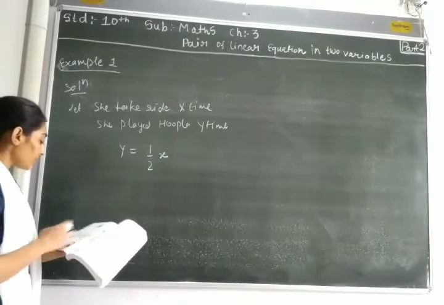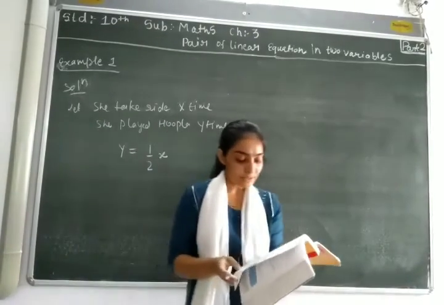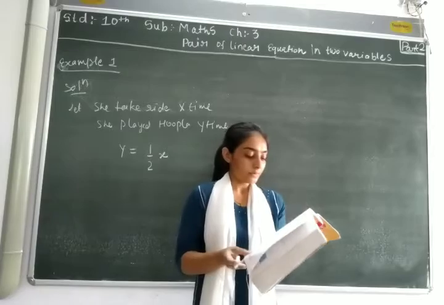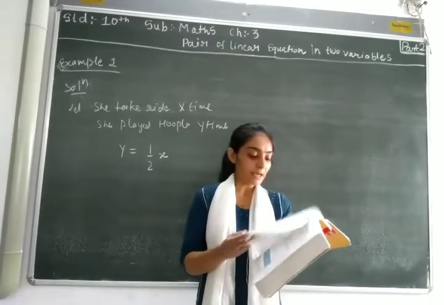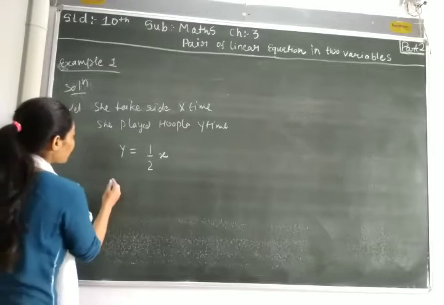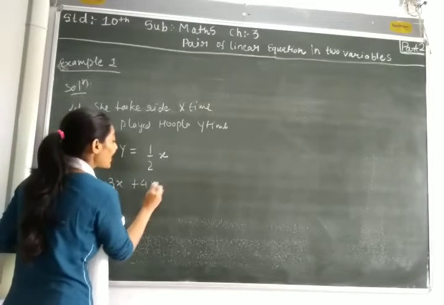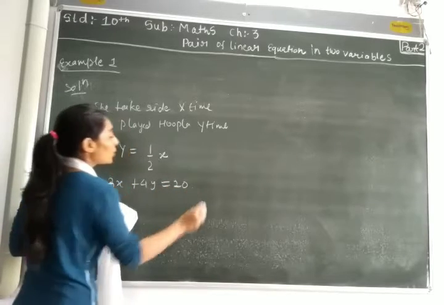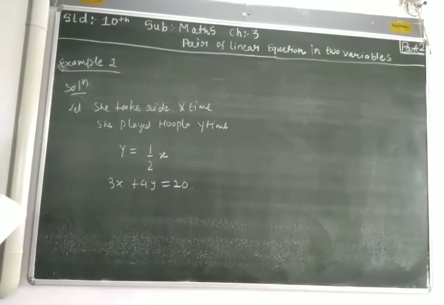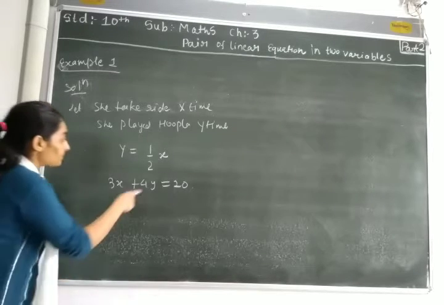Now each ride costs 3 rupees and each game costs 4 rupees, and the total she spent is 20 rupees. So you can write over here that 3x plus 4y equals 20.